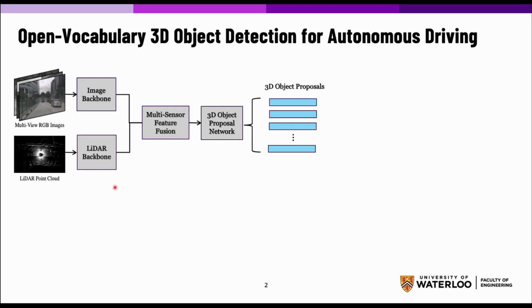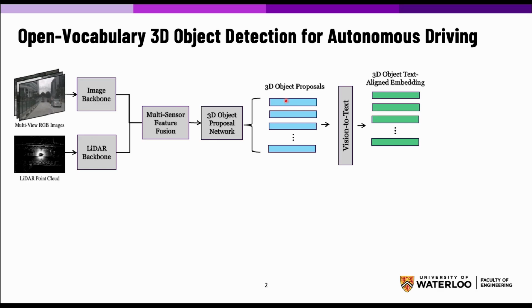If you think about it at a high level, now we're just having two backbones, one for images and one for LiDAR point clouds. And then I abstracted this a little bit, but there's going to be a layer to fuse both these modalities and produce a feature for the 3D object proposal network. It serves the same purpose, in the fact that these proposals will tell you where the objects are in 3D as well as their class.